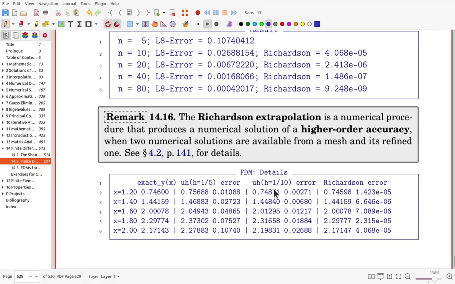When h is 1 over 10, which means n is 10, now we have this numerical solution, and this is the error. And now the Richardson solution is this one, and that is the error. If you compare the error in this column and this column, you can see that mostly, at every point, it is about a quarter. This quantity is about a quarter of that. So it is second order, at every point.